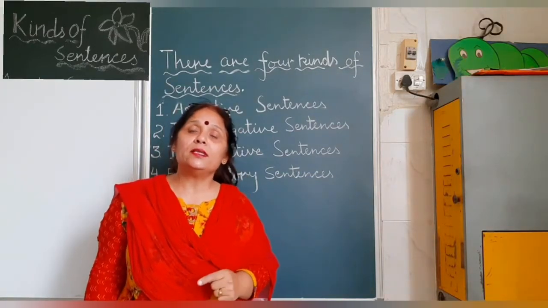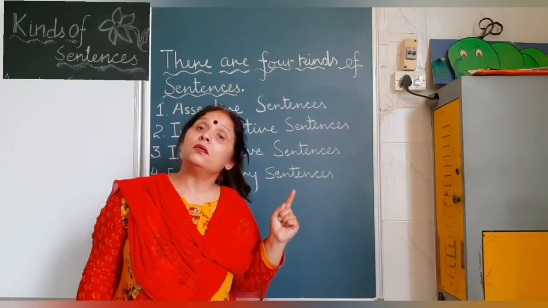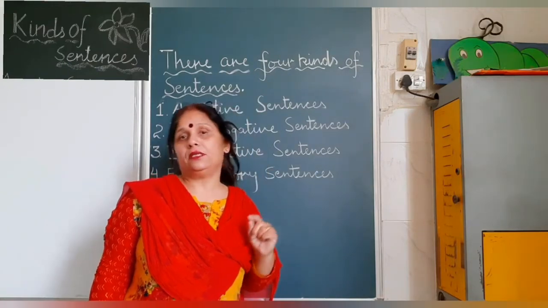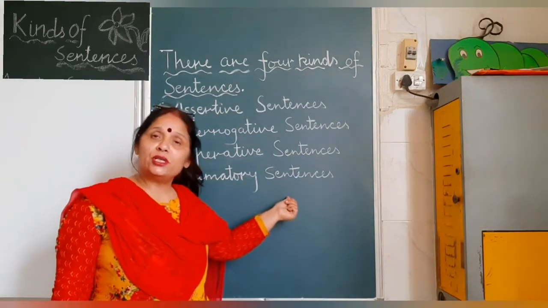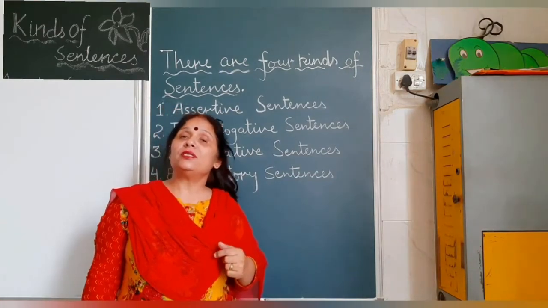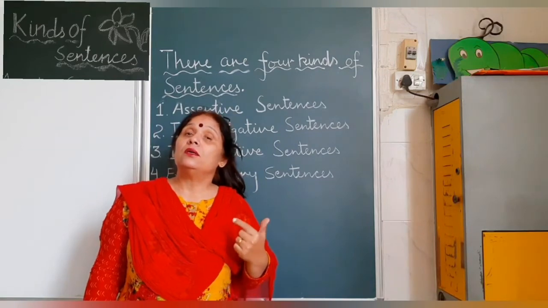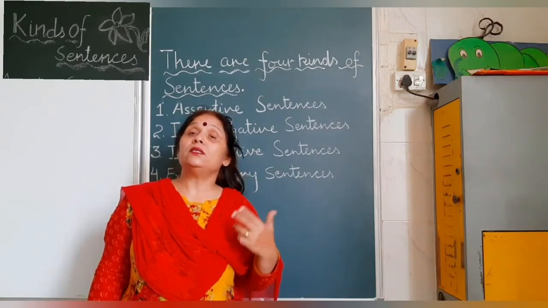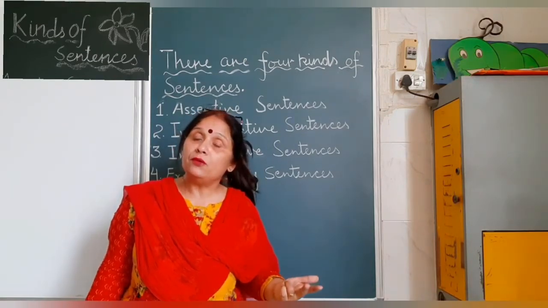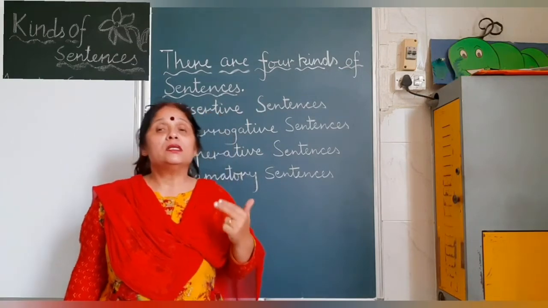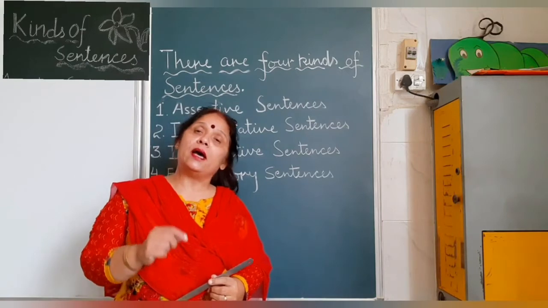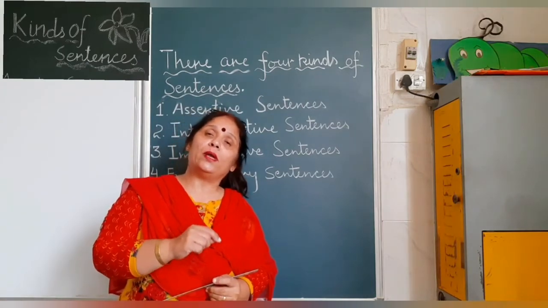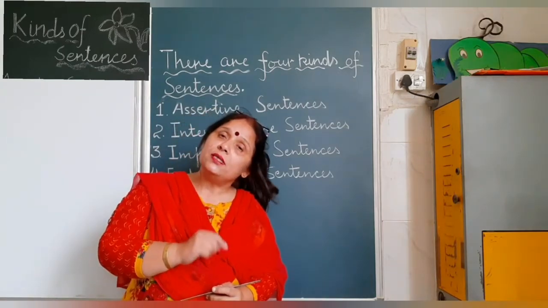Orders and requests are called imperative sentences. And the last one is exclamatory sentences. Exclamatory sentences are those sentences which show the sudden feeling. When some sudden feeling is there in the sentence, that sentence is known as exclamatory sentence.